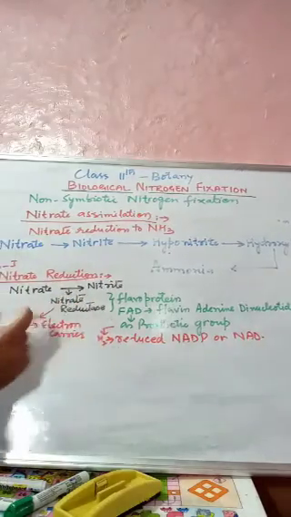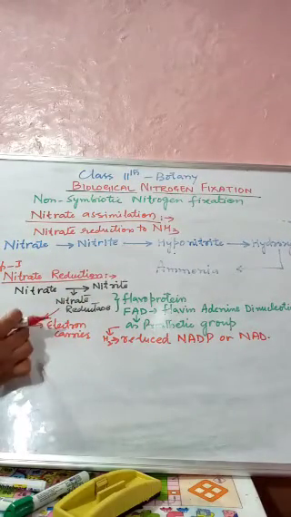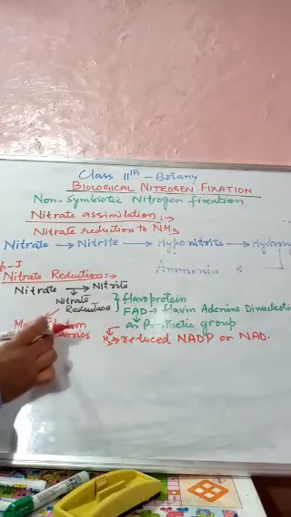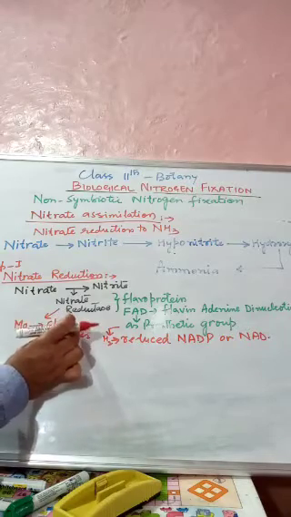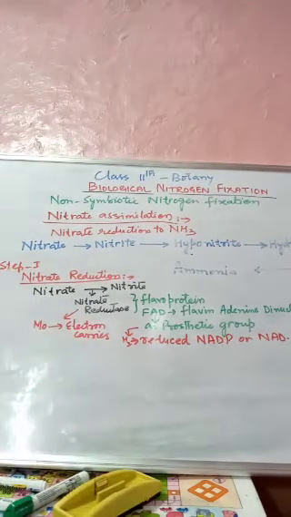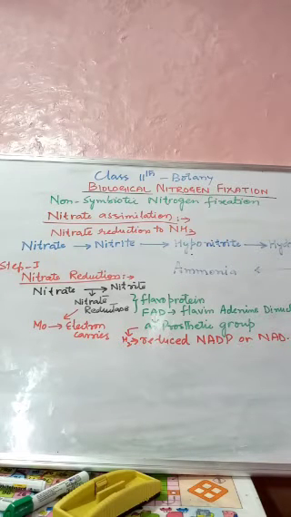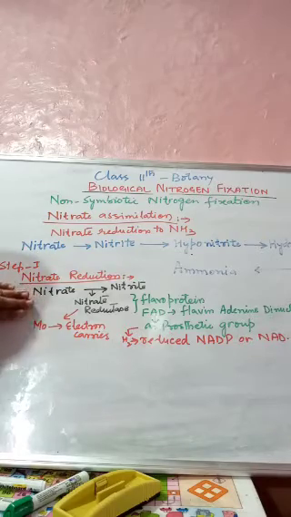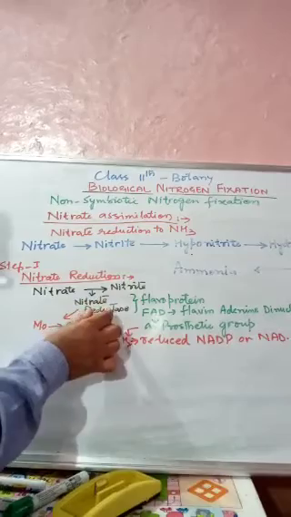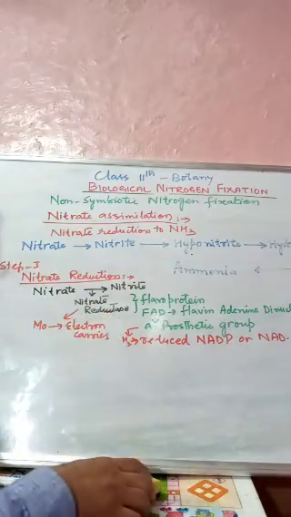The molybdenum in the enzyme acts as an electron carrier. So in the first step we have reduced nitrate into nitrite by means of the enzyme nitrate reductase. Step two: now we have nitrite.